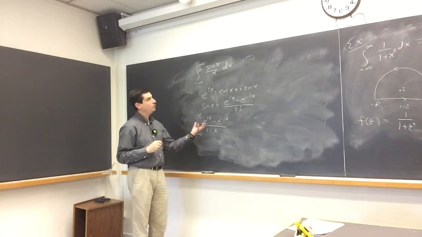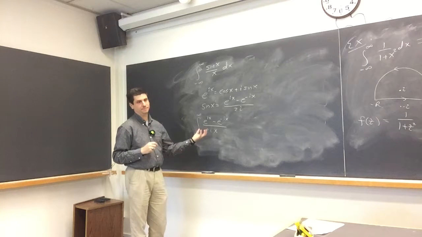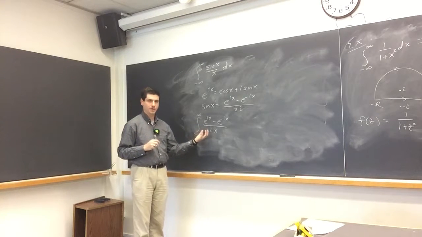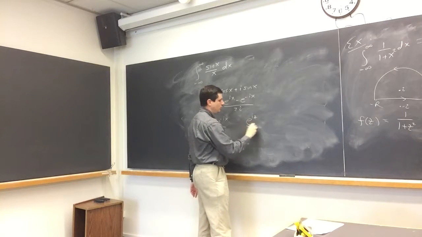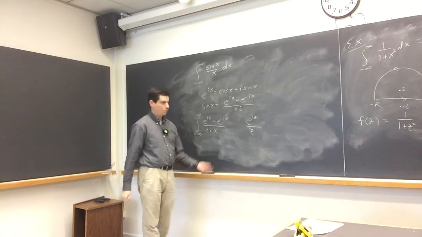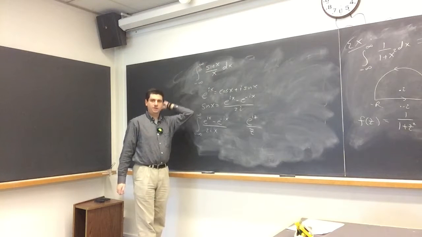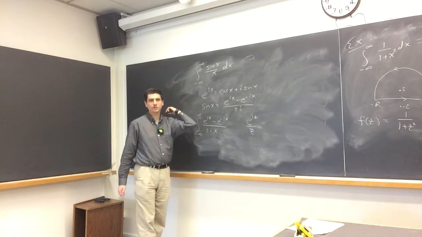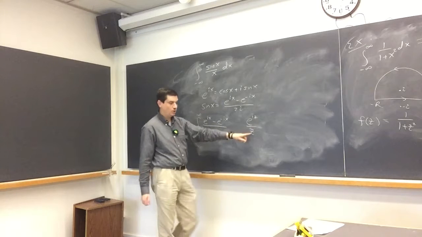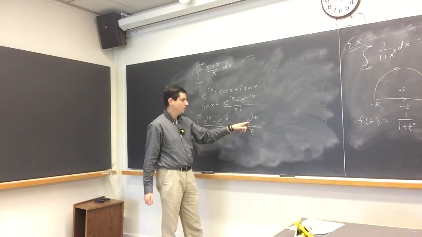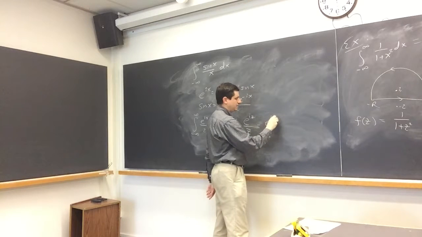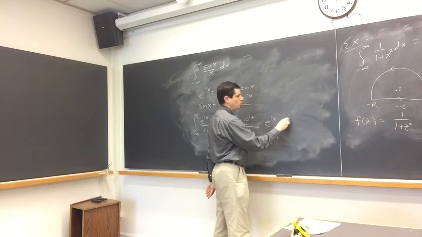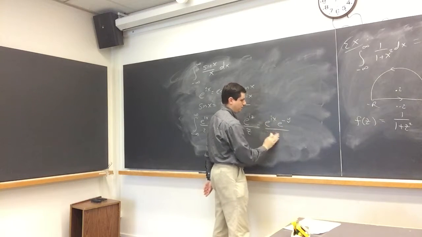And so now, how would we go about handling this? This becomes a bit harder. The problem is, if we now have e to the iz over z, well, the semicircle on the top is going to have length r. We'll have a 1 over r here that's going to cancel. What about e to the iz? This is e to the ix, e to the minus y over z.